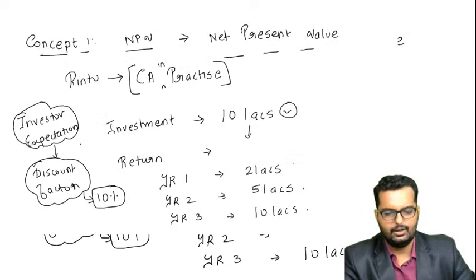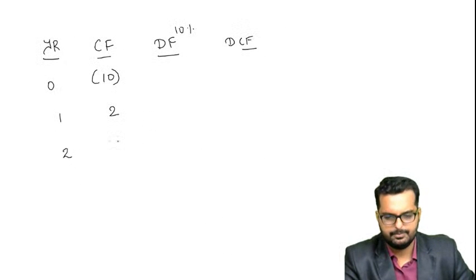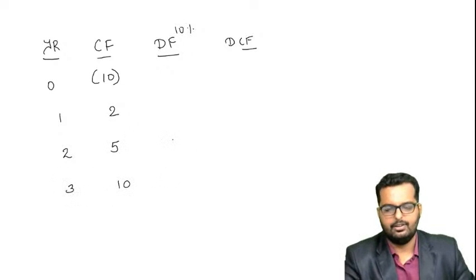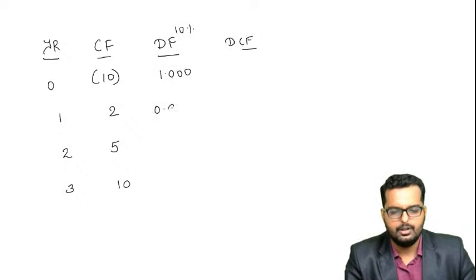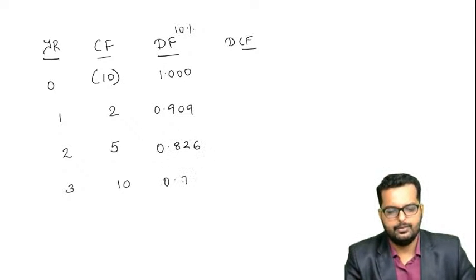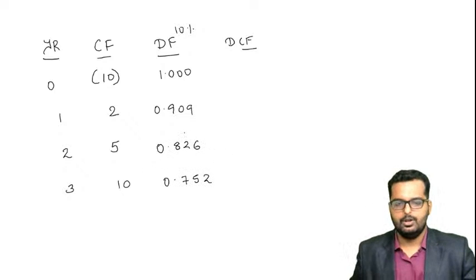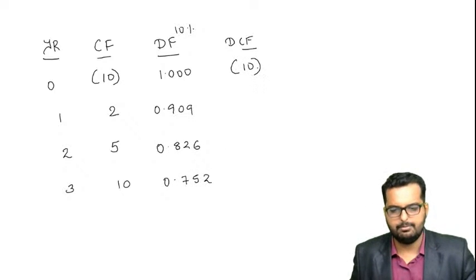Year 2, he is getting an inflow of how much? 5 lakhs. And year 3, he is getting a return of how much? 10 lakhs. So we need to take the discount factor now. It will be 1 over here, 0.909, 0.826, 0.752. So once you multiply, what is the answer? You get minus 10.